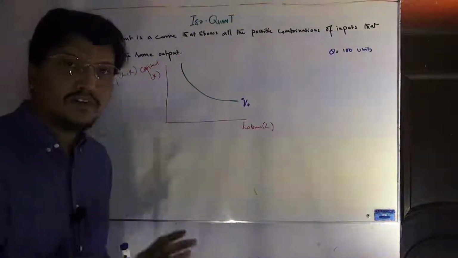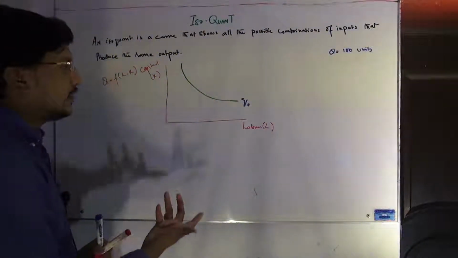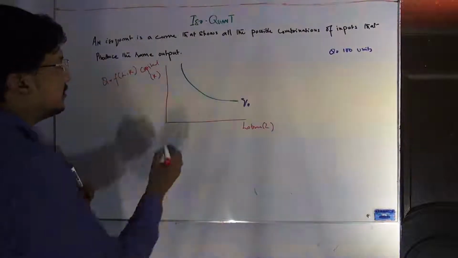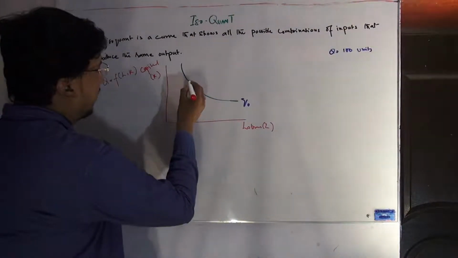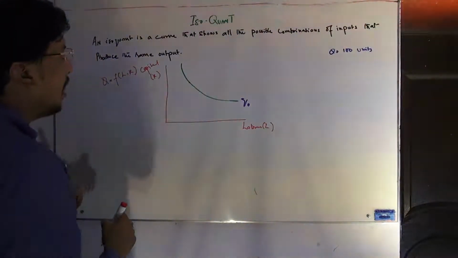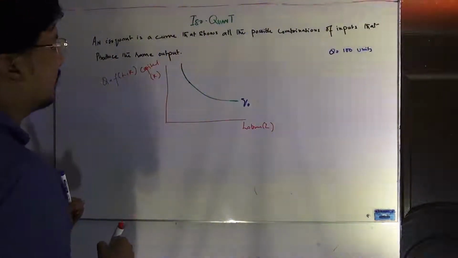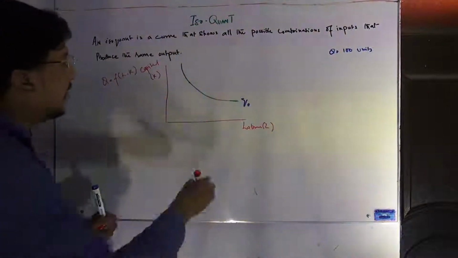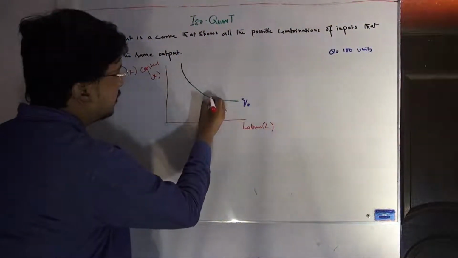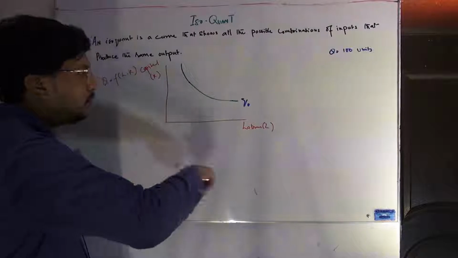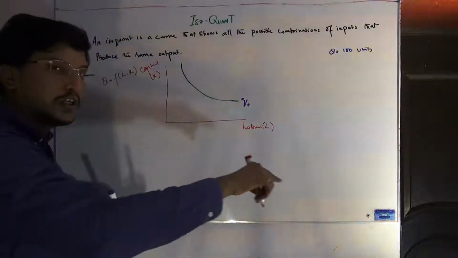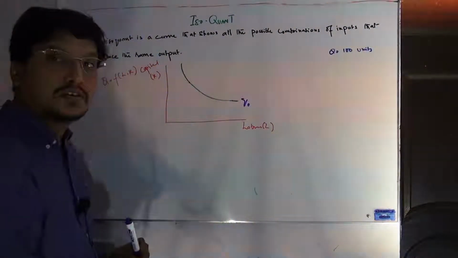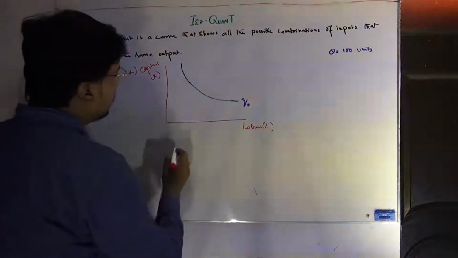Why am I talking about different combinations? If I ask you to take a point on this curve, what is the production level at this point? You will say Q naught, because at every point on this curve, any point you can take, the firm is producing Q naught, but the combination of inputs is different. How is it possible?